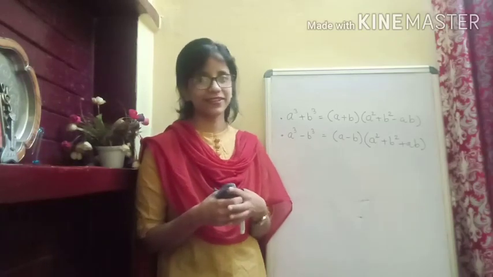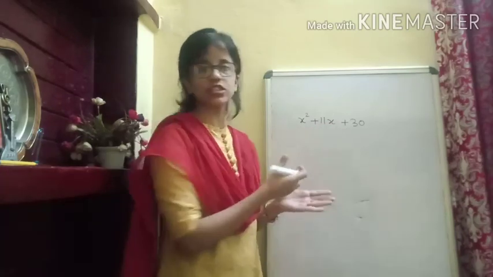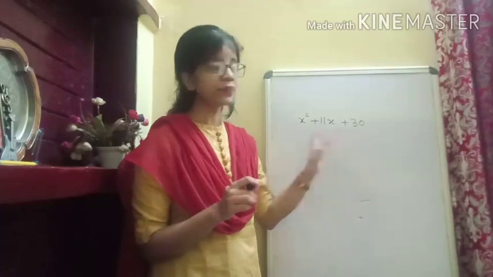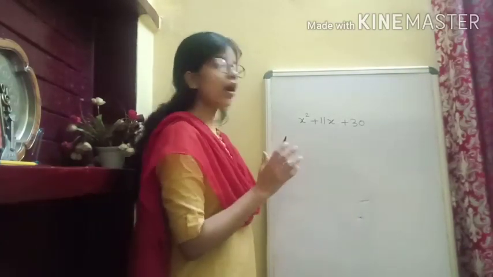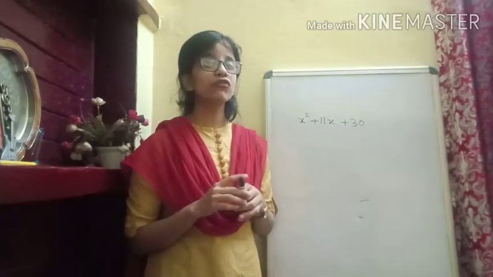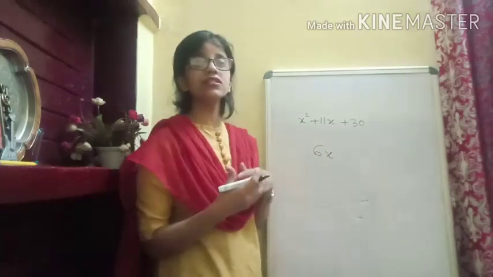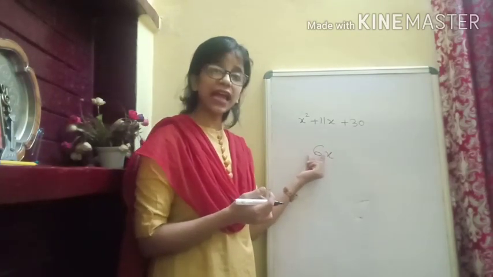So let's start. As you see here, I have taken a trinomial. These types of questions you will be given. Trinomial means there are three terms given. We have to factorize these three terms, but before that, I think you all are aware what coefficient means. If I write 6x and I ask you what is the coefficient of x, that would be the number multiplied with x, with the sign.